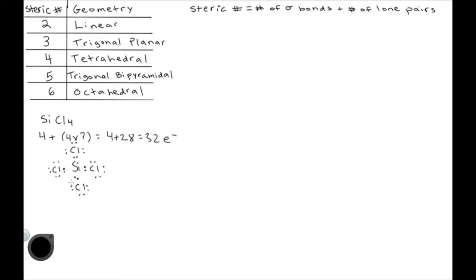So here's our Lewis structure. If you count up all the valence electrons, or all the electrons in total, we have a total of 32. So that matches up. So 32 in all. And we can then replace any shared electron pair with bond lines.